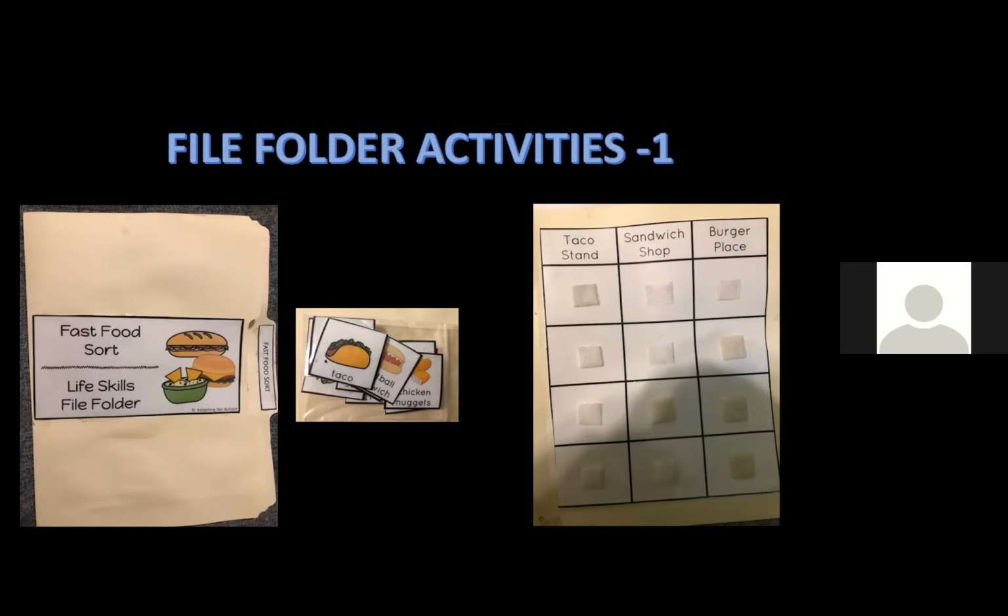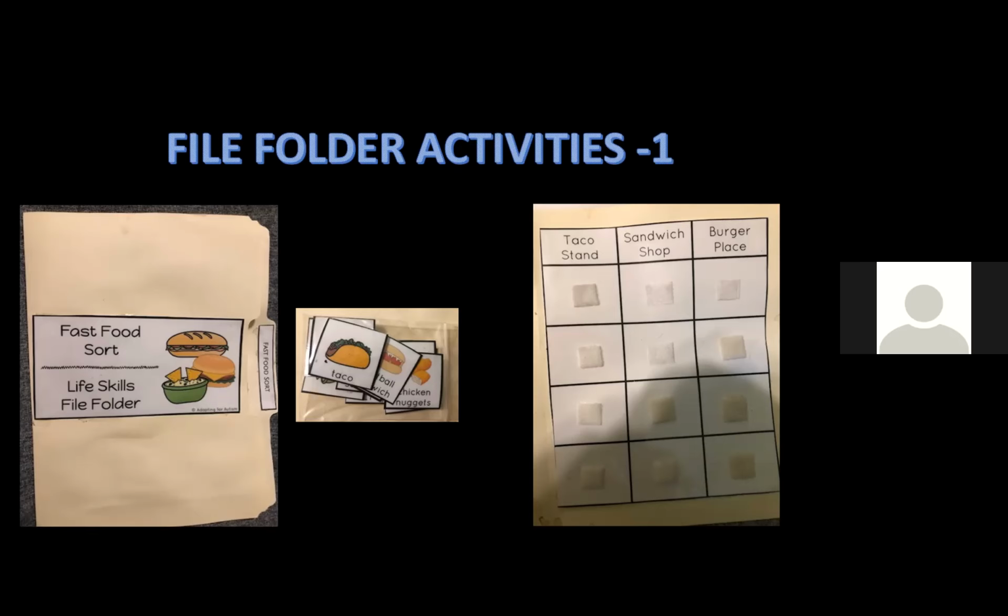This first one is a fast food sort. And I use lamination like crazy and Velcro. Little pieces have Velcro on the back, with the other side of the Velcro within the sort.